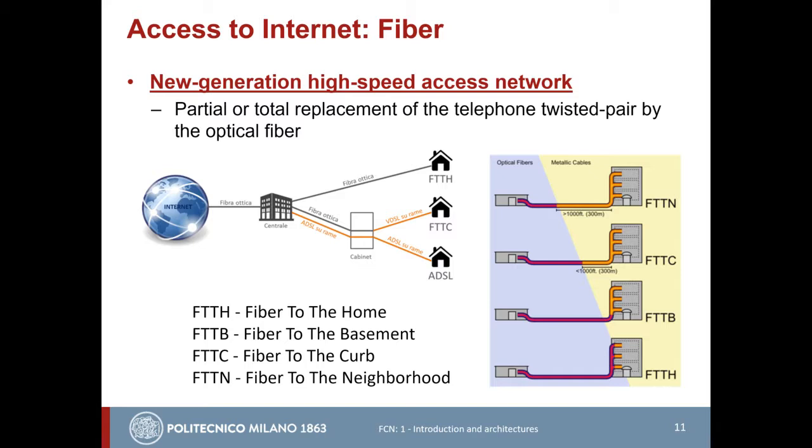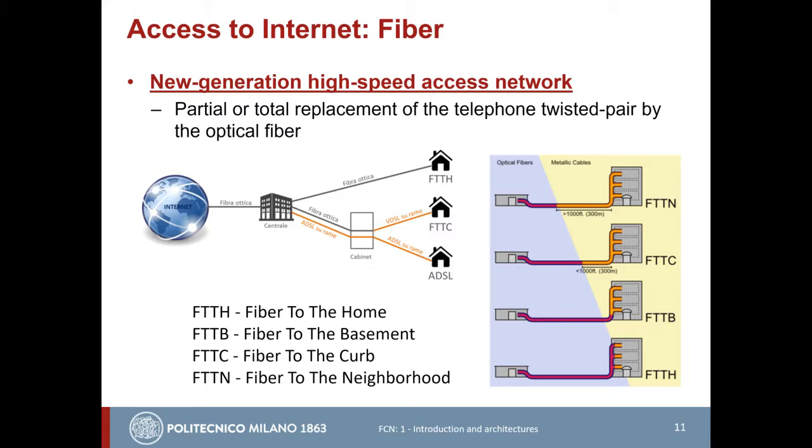We are still talking about wired access, so we are in the category of the wired links, and the optical fiber has a transmission capacity that is really, really huge, and so basically replacing the entire access network using fibers instead of copper, or just portions of this access network, you can increase the capacity of your connection.